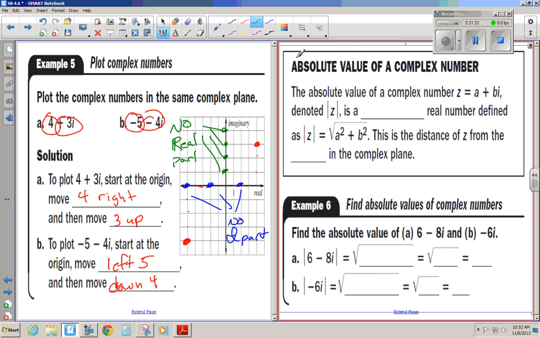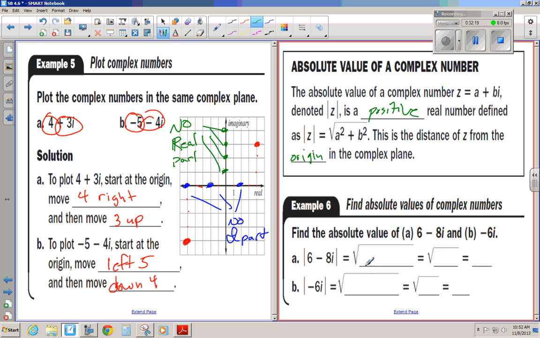The absolute value, you've seen this already. To fill this in, the absolute value of a complex number is a positive real number defined by this: the distance of z from the origin.